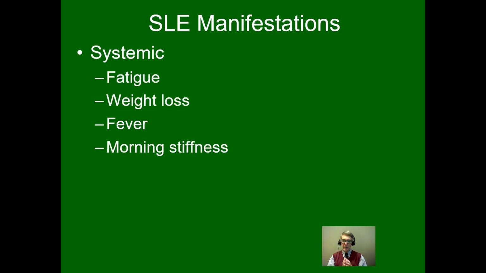Number one, a lot of times there are systemic manifestations, and most patients with lupus do have fatigue. The problem with fatigue is that it's not a good pivot point about which to make a differential diagnostic list, because anything or nothing can cause fatigue, but certainly patients with chronic inflammatory conditions can have fatigue.